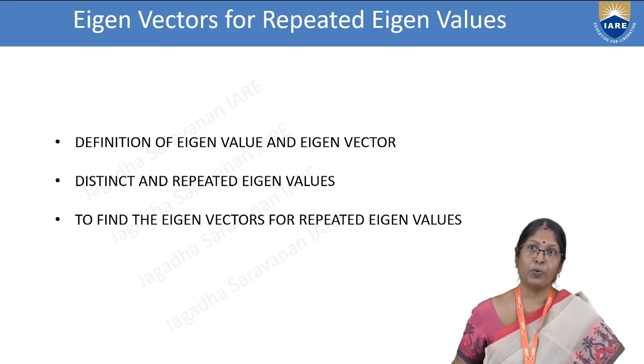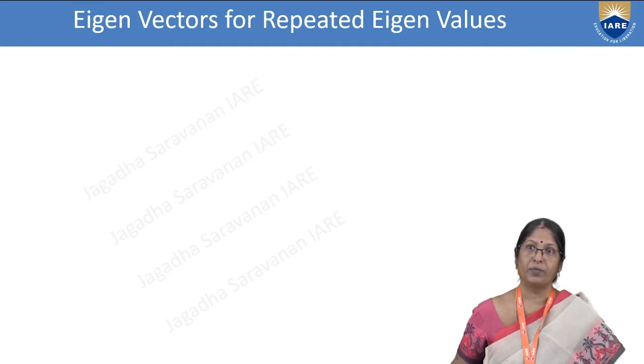While solving a problem, we will cover these three things: identifying distinct and repeated eigenvalues, and finding eigenvectors.